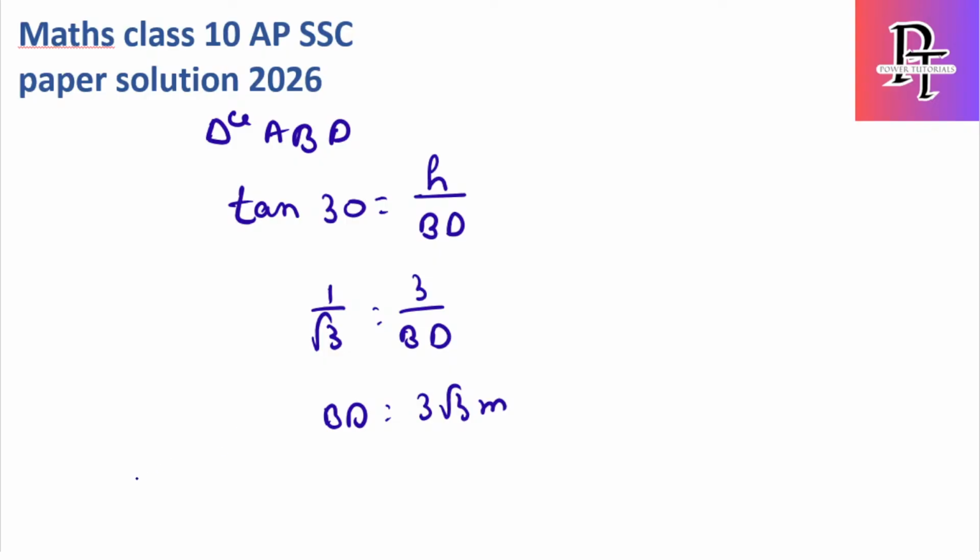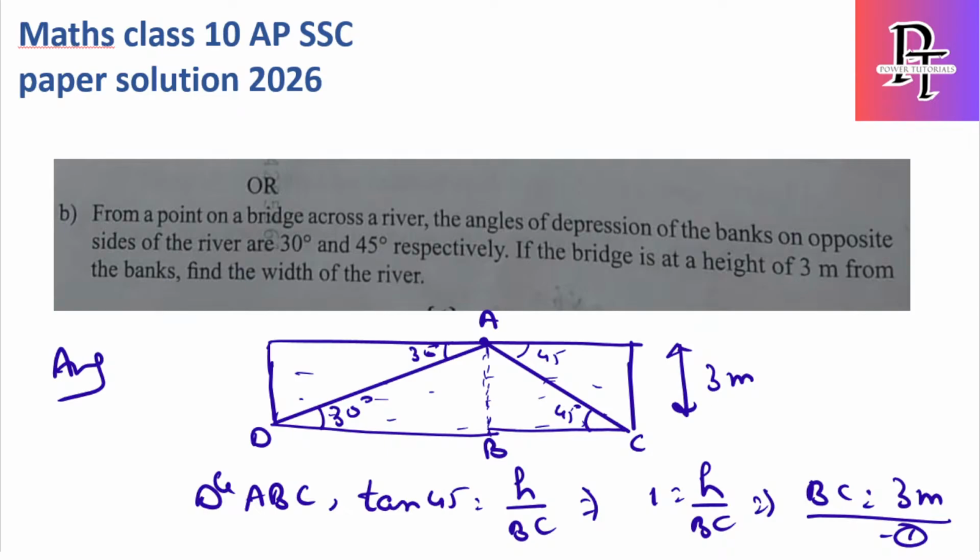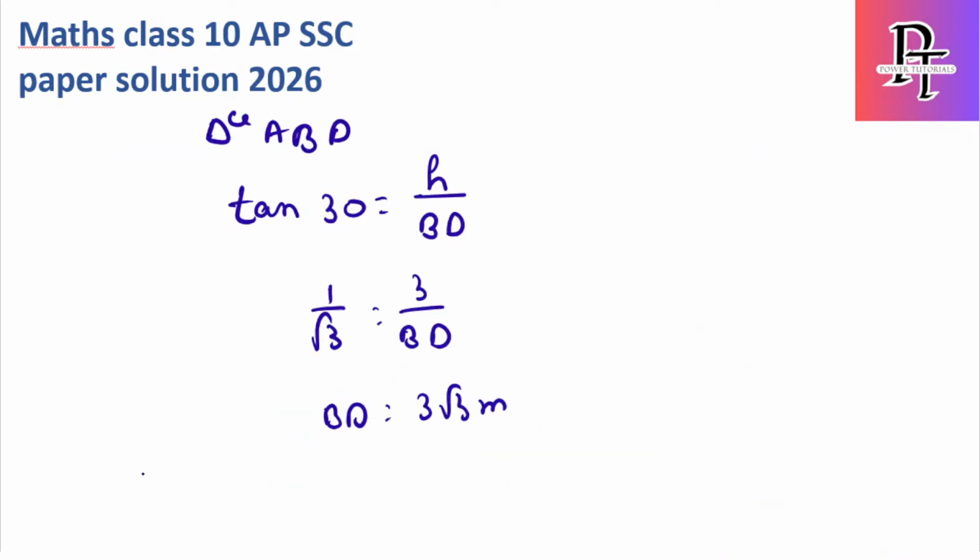So what is the total length of the bank? Total width of the river, or width of the river, not total, like I said.